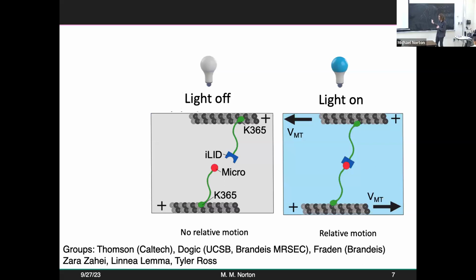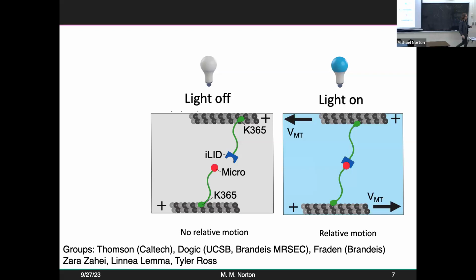They're still always walking along the microtubules, but they're only able to exert relative motion between microtubules when they are bound together using light. And so there's a lot of fancy stuff going on here, but basically we're only able to create dimers for these protein complexes in the presence of light.